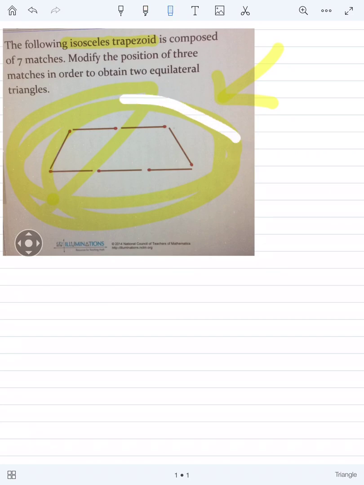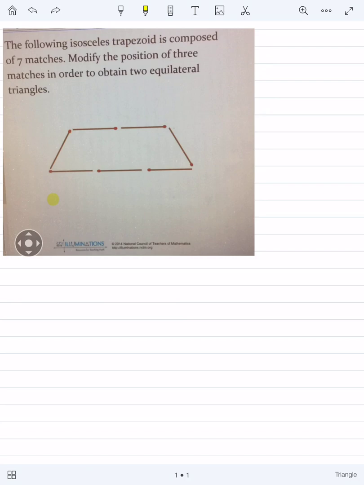Do you know why? You might look at it and say, yeah, I see the trapezoid. But why is it called a trapezoid? Can you give me any reason other than it looks like a trapezoid?